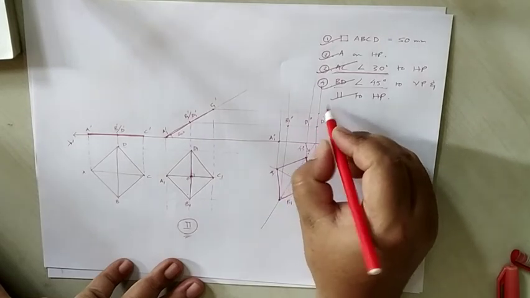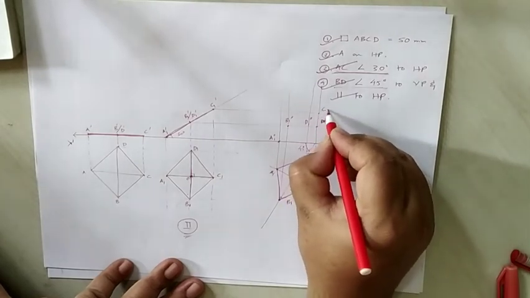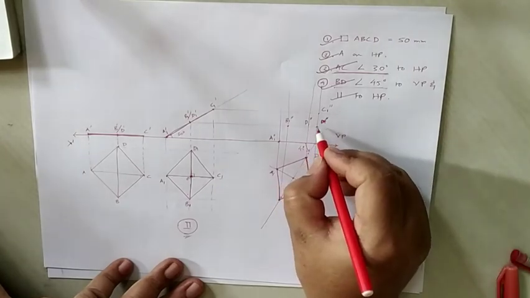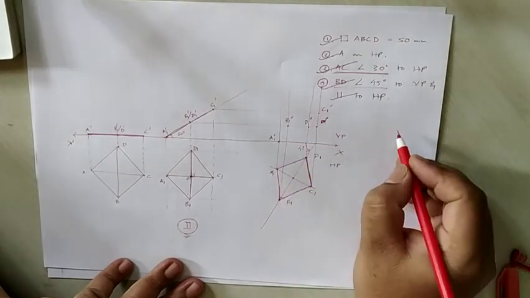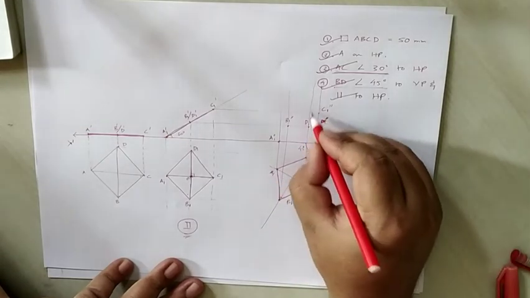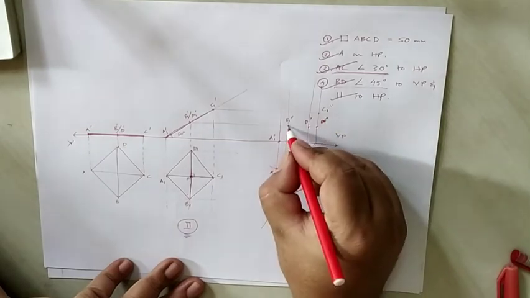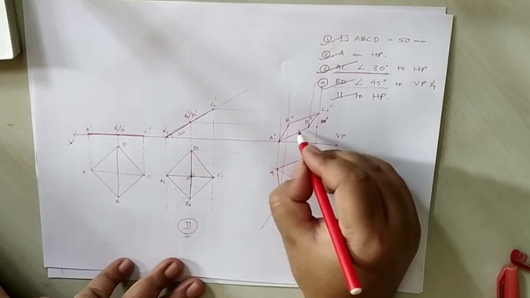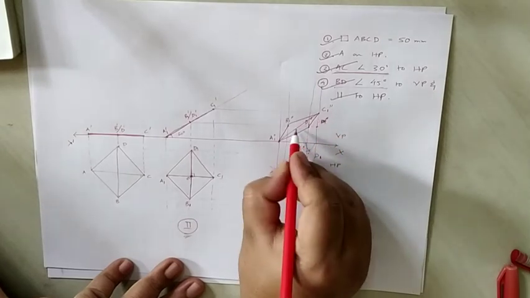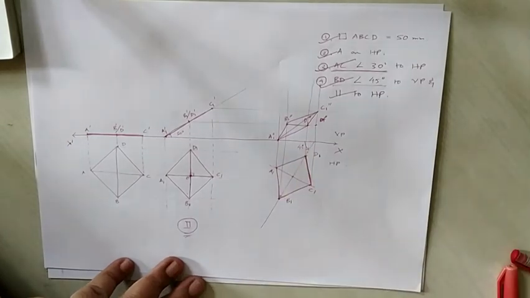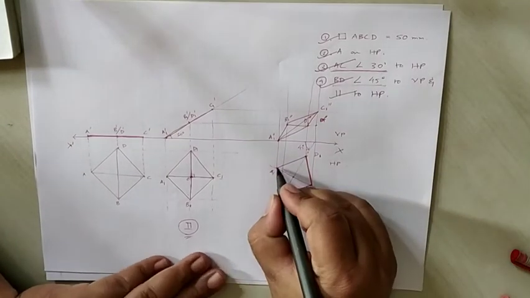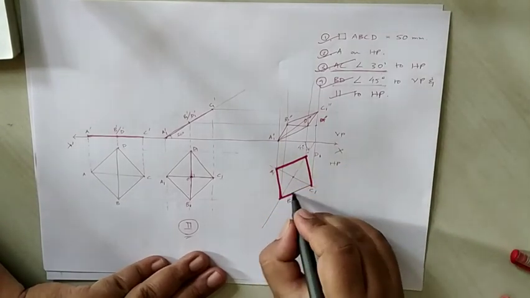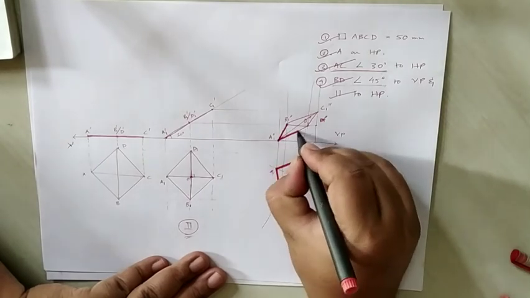This is of C. This is of D, this is of C, and now you need to join them. And you can draw the diagonals again. So this is the final plan which we darken. This is the final elevation.